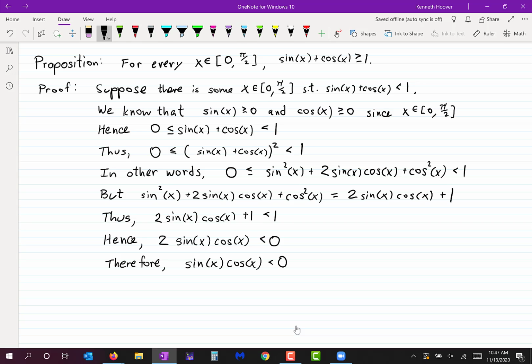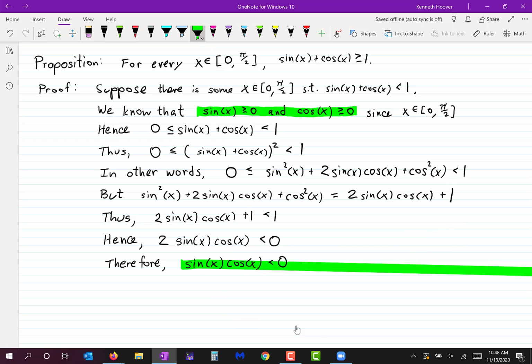But that's a contradiction because look at what I have already said up here. Sine x is non-negative and cosine x is non-negative, so how can their product be negative? That's impossible.